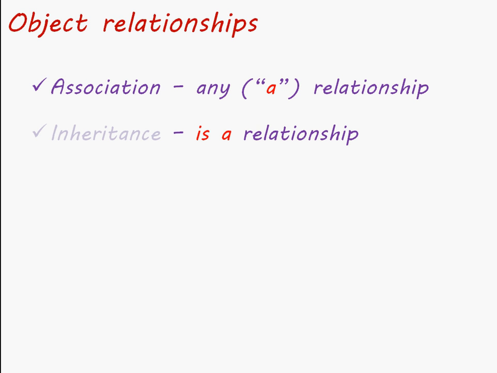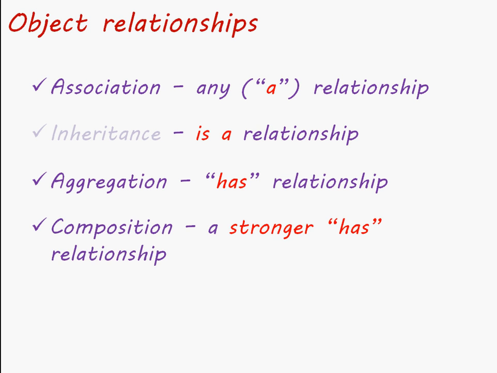Likewise, inheritance, which we already learned, is a relationship. Aggregation means has relationship, which means object A has object B. Composition is also a has relationship, but it is a stronger form of has. We will understand about these a little more in the further section.